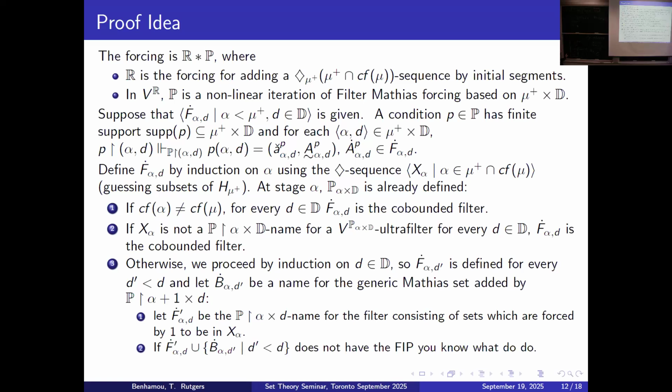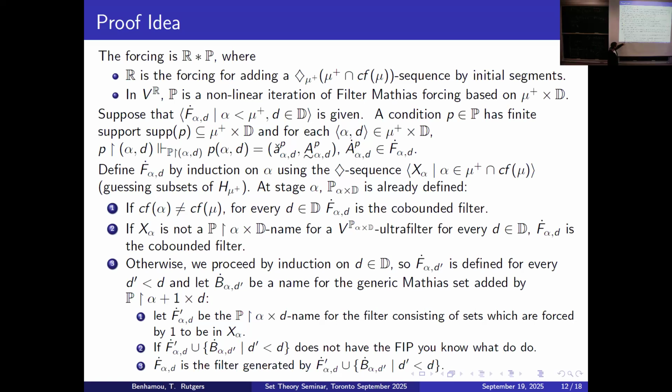Now we have to decide what is F dot alpha D. So you ask the question: is this family forced to have the finite intersection property? If it doesn't, you know what to do. Just put something trivial, like the co-bounded filter.